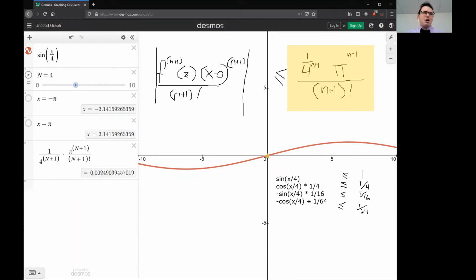That's the largest our error could be for using the degree 4 Taylor polynomial. And that's within my desired margin of error. So what I've done now is I've determined that the degree 4 Taylor polynomial will be good enough to approximate the function with the error less than 0.01.